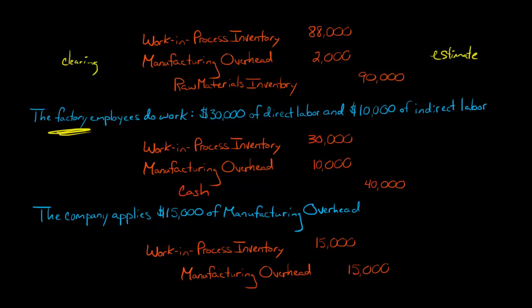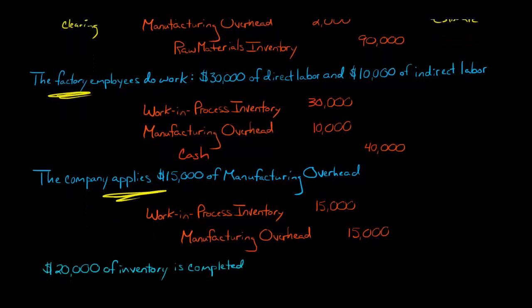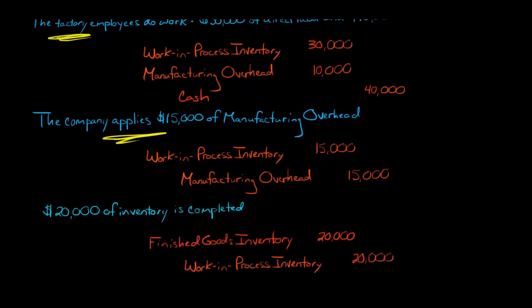When that happens, then we are going to credit the manufacturing overhead account to reduce it, and we're going to debit work in process inventory. So the amount that goes to WIP inventory is actually the amount that we applied. Don't worry if you don't understand the idea of applying manufacturing overhead. We'll talk about that in future videos.